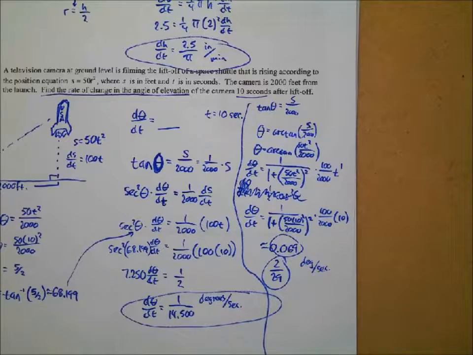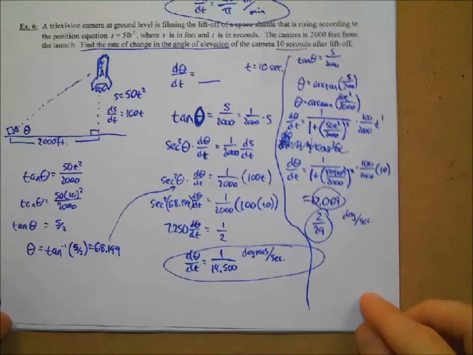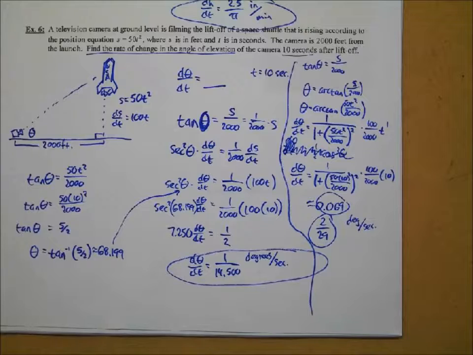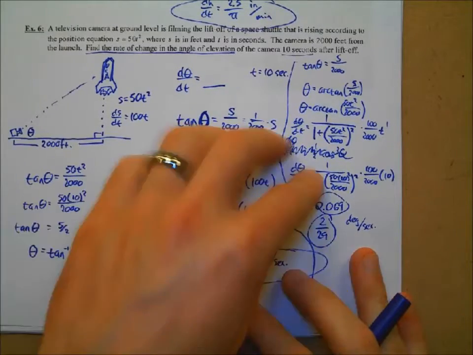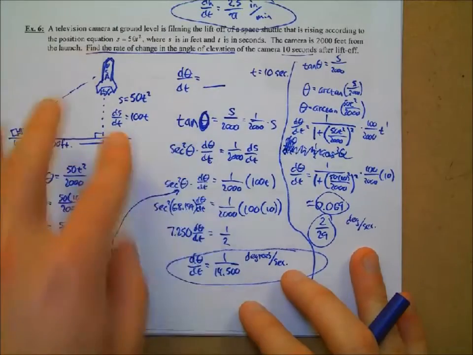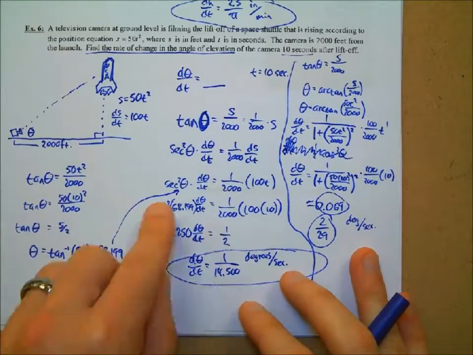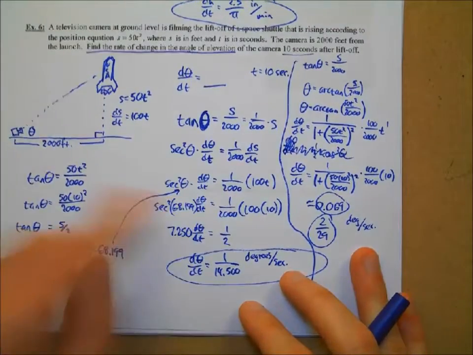Long story short here though, there are sometimes different ways you can go about approaching these problems, okay? And it's really kind of like, what makes sense to you. We did ours in kind of a piecemeal sense where we did what we had there, rewrote it, and then plugged in certain values that we still needed to find in other situations.